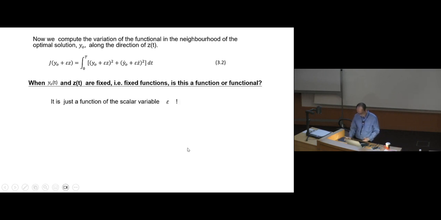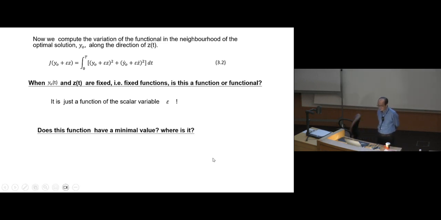Then, if it just becomes a function of one variable, the question is simple now. We just need to answer this question: does this function of epsilon have a minimum value? If it has, where is the minimum value? It is a function of epsilon. Does it have a minimum?